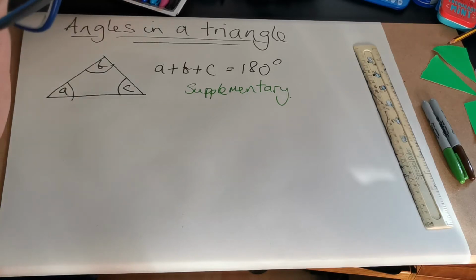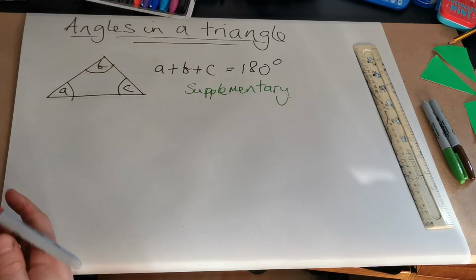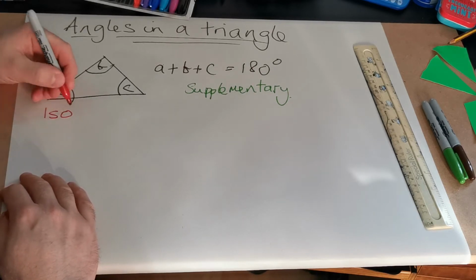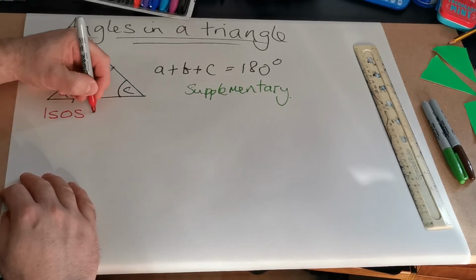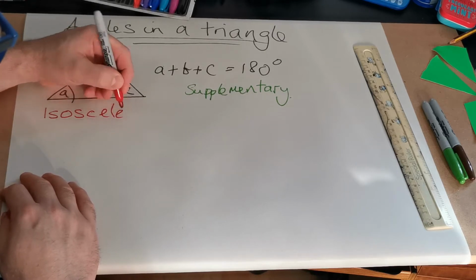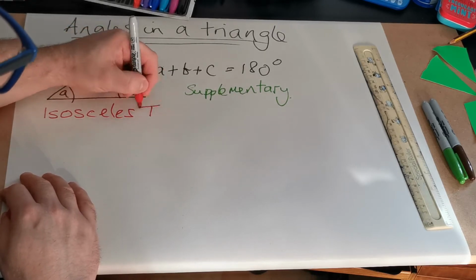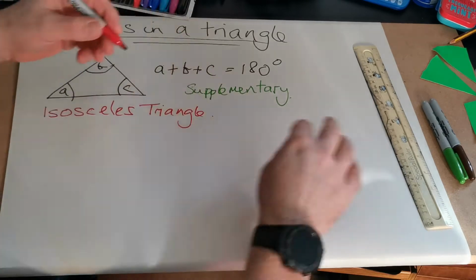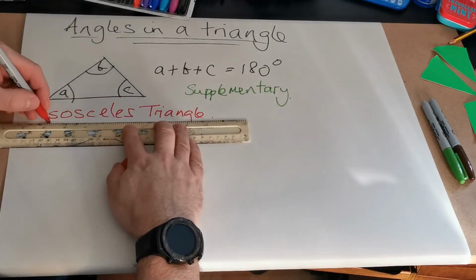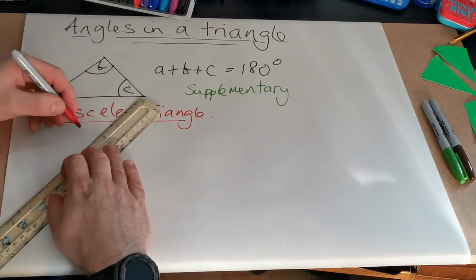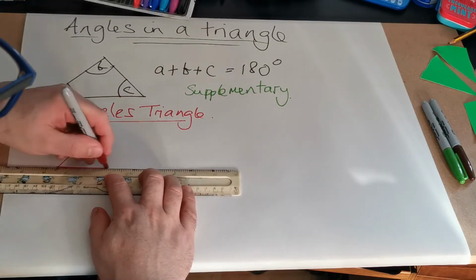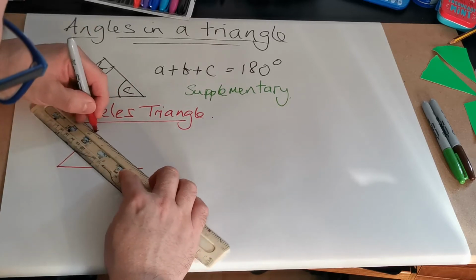Now I want to look at some special cases. The first case I want to look at is an isosceles triangle. I-S-O-S-C-E-L-E-S. In an isosceles triangle, two of the sides are the same length.